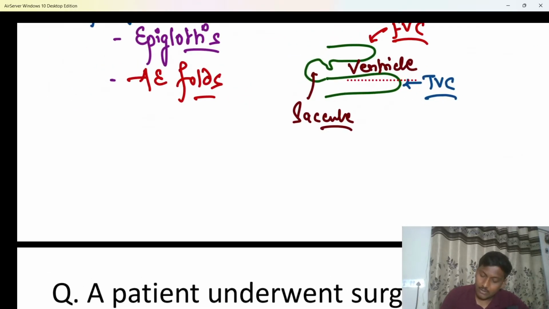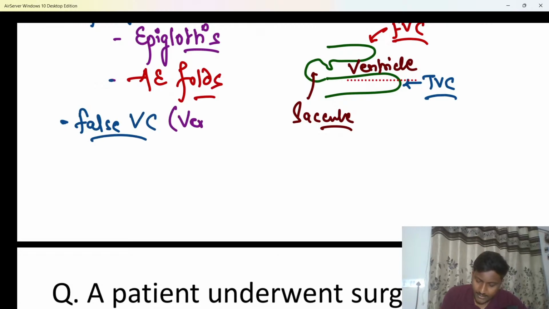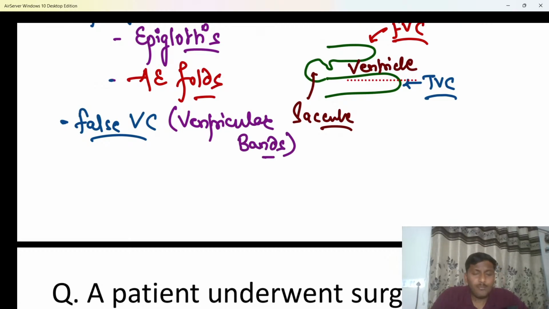So the other parts we have discussed already. The first part you have to remember is the false vocal cords, which are also known as ventricular bands. Please tell me, the voice production, the sound production, is it done by the true vocal cords or the false vocal cords?